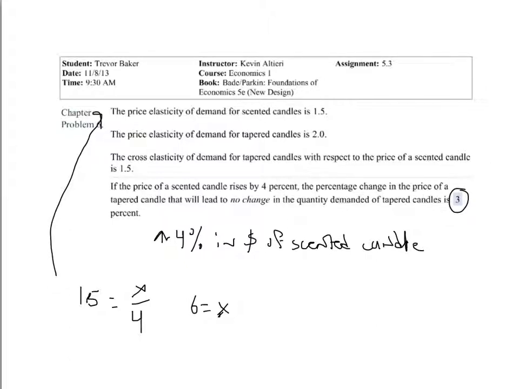Just like the price elasticity of demand for scented candles, a 4% change in price for scented candles will cause both a 6% change in quantity demanded of scented candles and a 6% change in the quantity demanded for tapered candles. Okay? Because of that cross elasticity of demand.